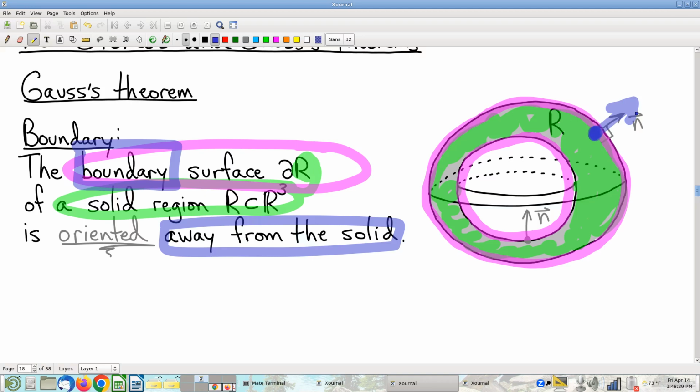But if you were to look at a point on the inside part of the boundary, keep in mind the solid is here in green. From this point on the boundary, that's where the solid is. So away from the solid is that way, which is not outward. This very reasonably would probably be called inward.